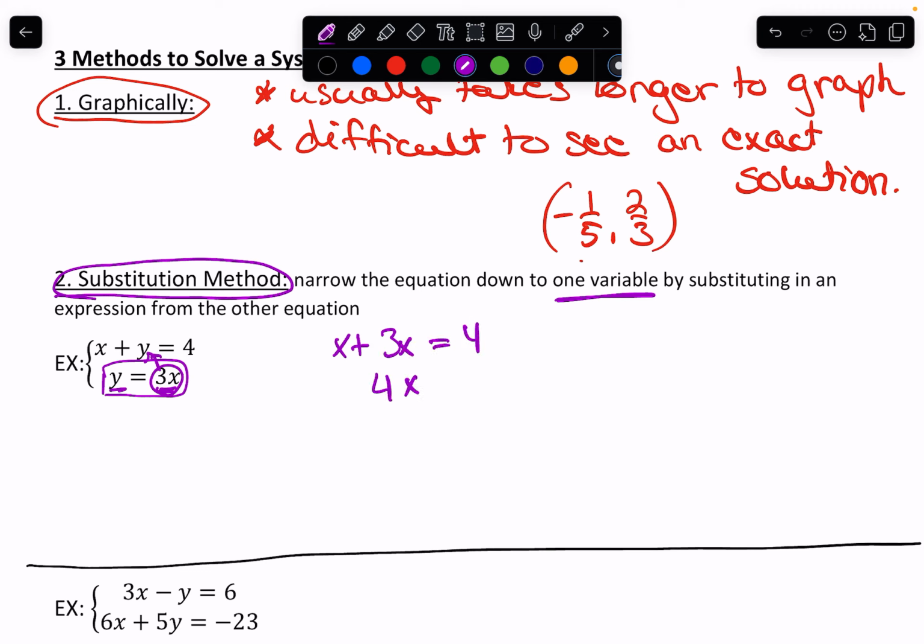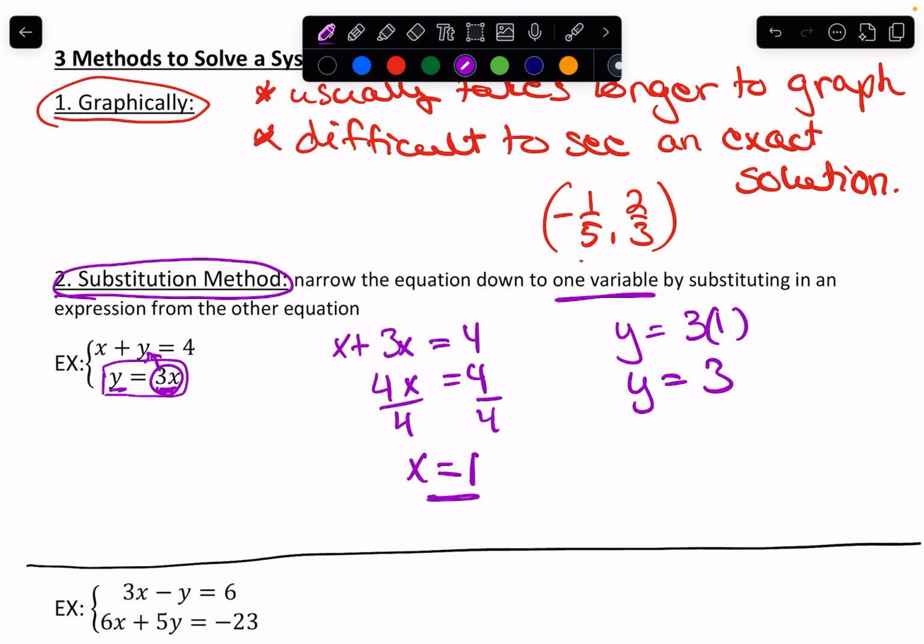So 4x equals 4. We divide by 4 to get x equals 1. Now we need to plug this 1 back in to get our y. So I'm going to use the bottom one, y equals 3 times 1. So our y is 3. So our solution is going to be (1, 3).